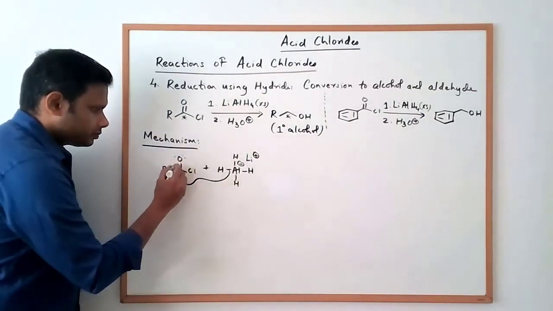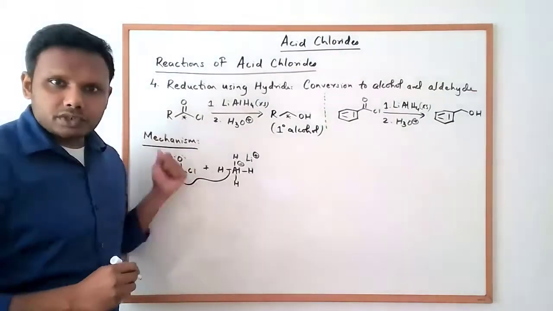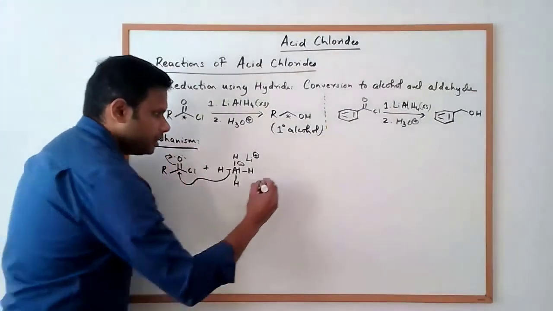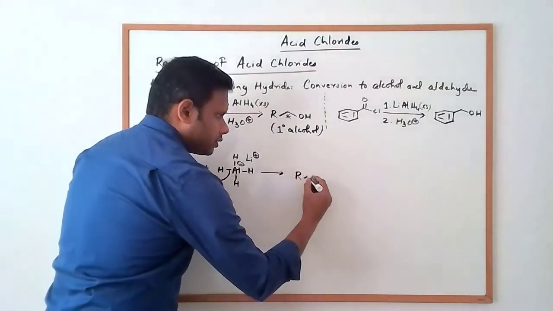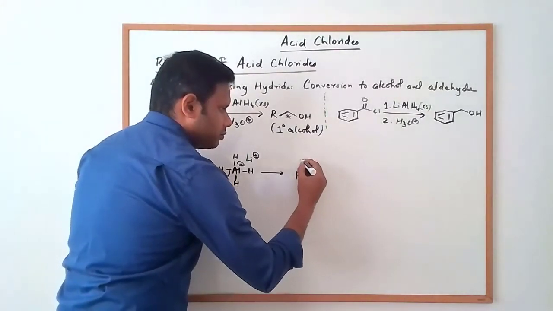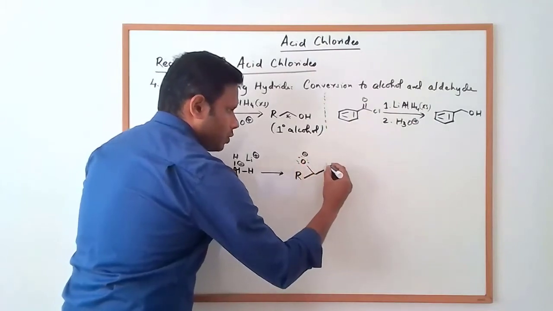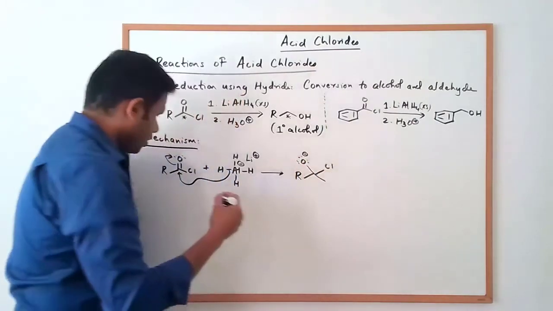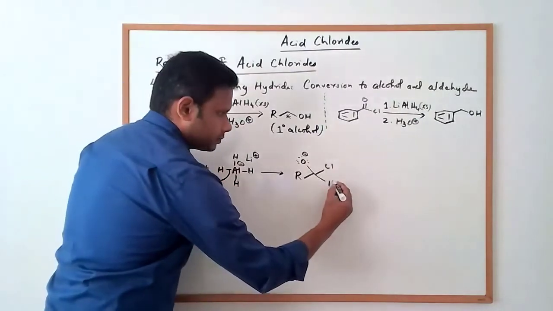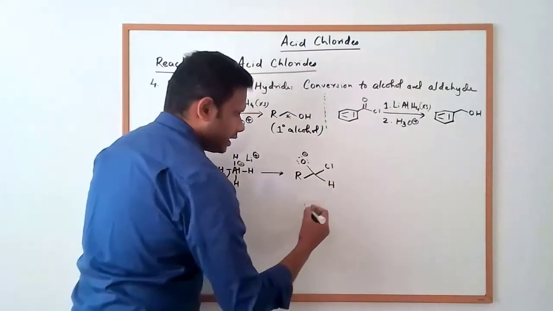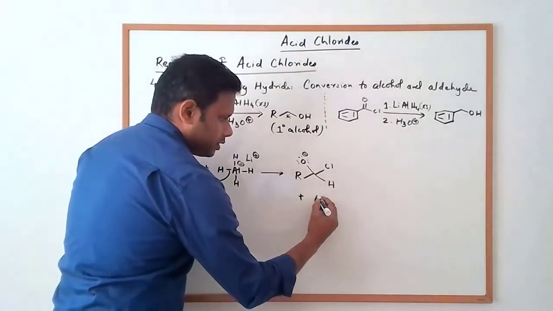Simultaneously, the double bond opens up, electrons are pushed to the oxygen atom. And this would bring us to our tetrahedral intermediate. So very standard among all of these reactions that we're looking at.